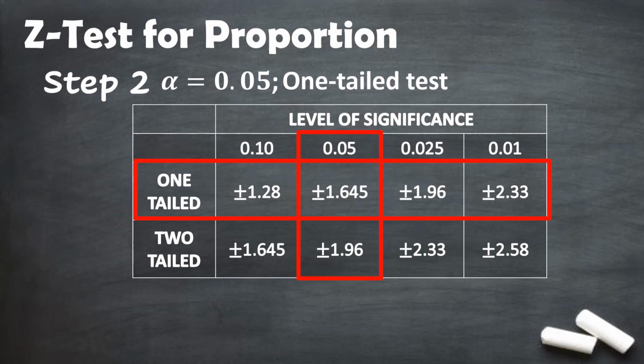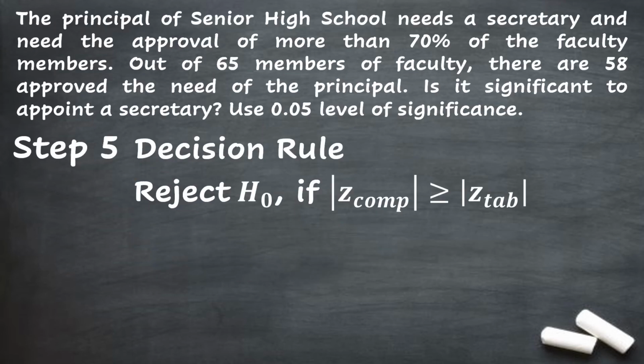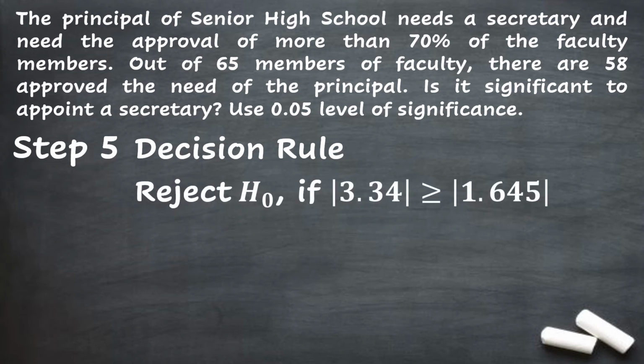And the intersection of the horizontal and the vertical line is the value for our z tabular. Substituting the values for z computed and z tabular, we will have the decision rule as reject null hypothesis if the absolute value of 3.34 is greater than or equal to the absolute value of 1.645.